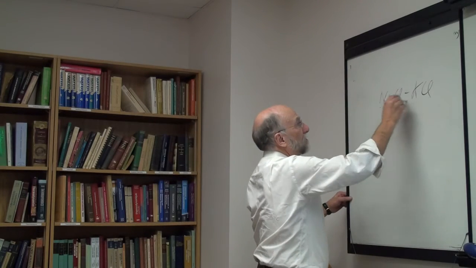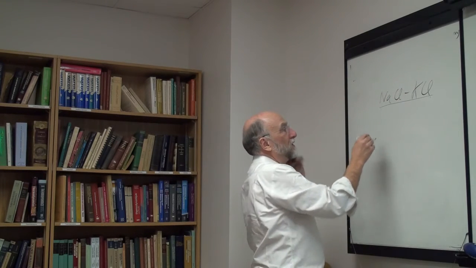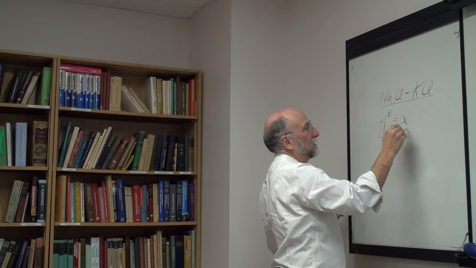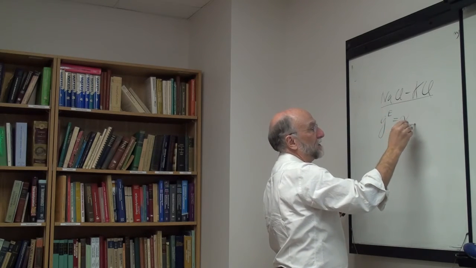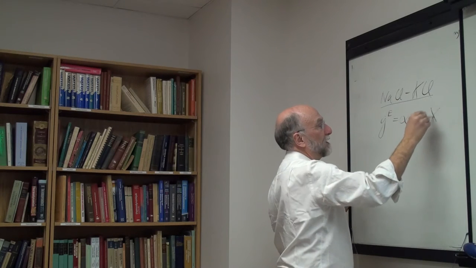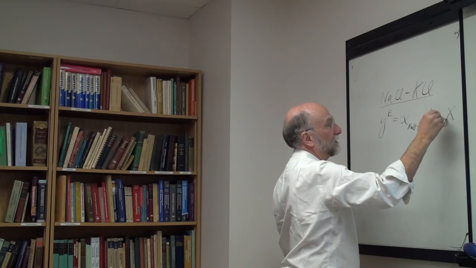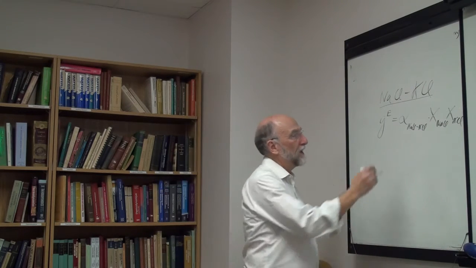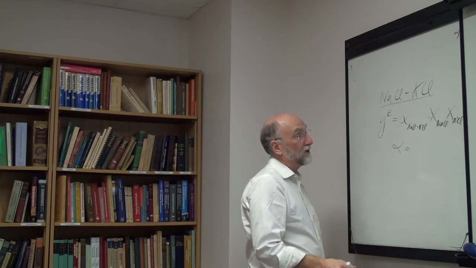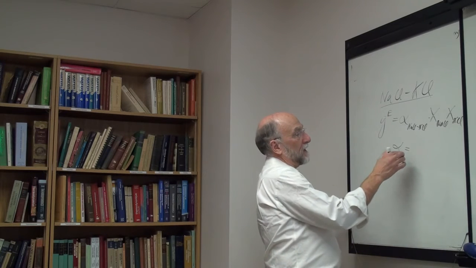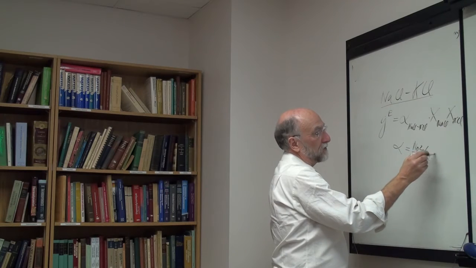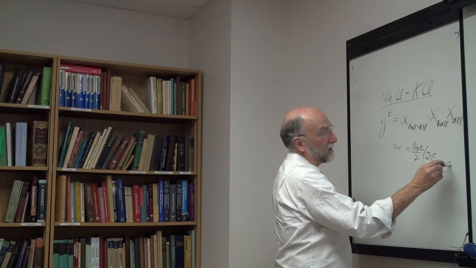And in the sodium chloride, potassium chloride system, we have the G excess equal to alpha NaCl-KCl times X sodium chloride times X potassium chloride. Okay, if this is a regular solution model, the alpha is n naught Z over 2 times 2 epsilon AB minus epsilon AA minus epsilon BB.